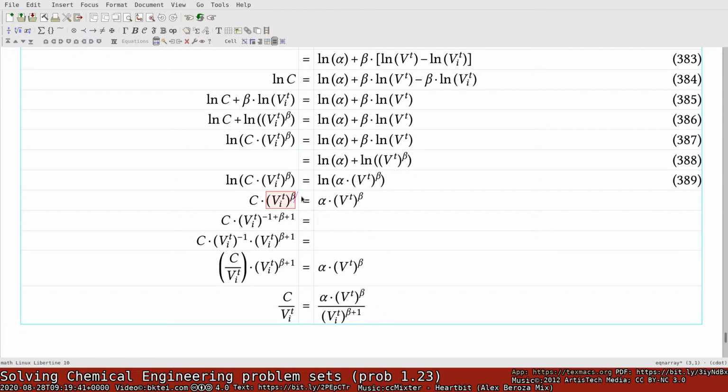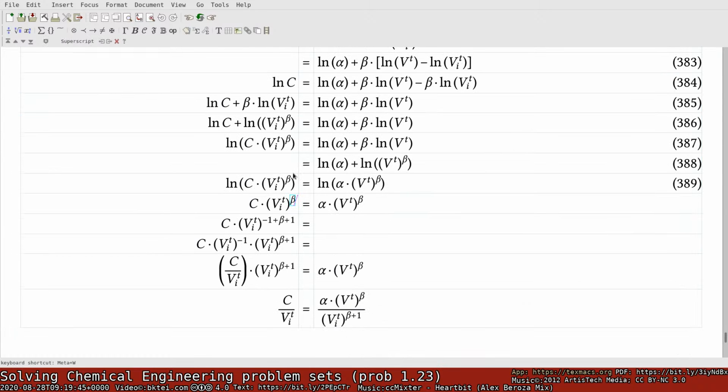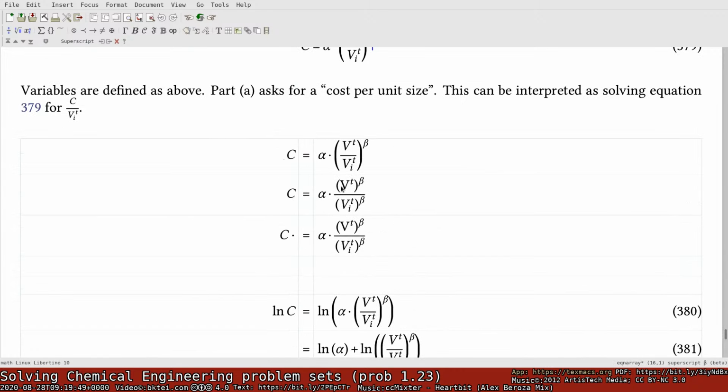Yeah, we're trying to get this. So we split the exponent and then we move over this factor to the other side.